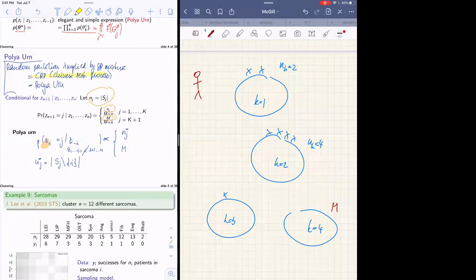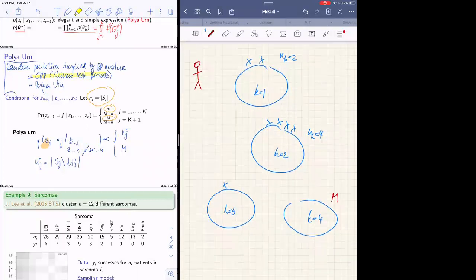And at this moment, there was no mention of a kernel, no mention of an unknown distribution. So that was probably behind the question, and that was a good one. This is known as the Chinese restaurant process.